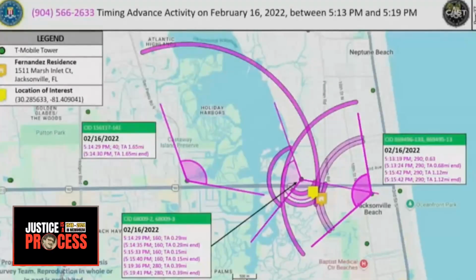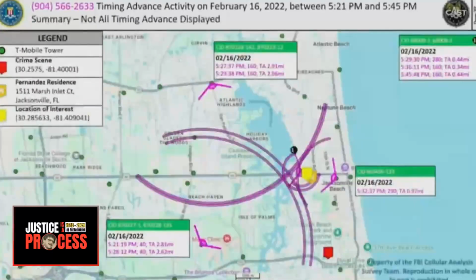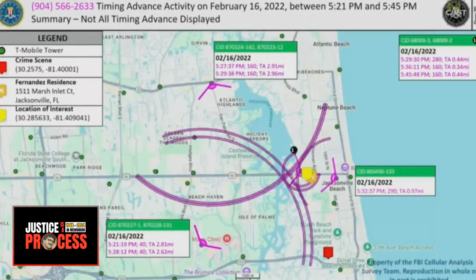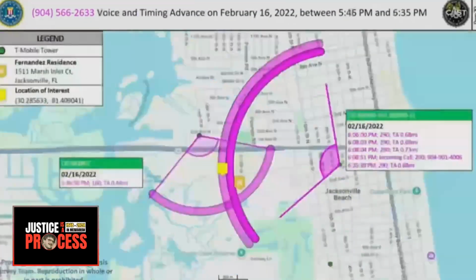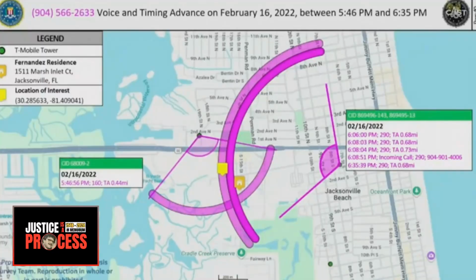We see multiple timing advance recordations in the span of 6 minutes for this phone. Between 5:21 and 5:45, you didn't even map all of them because of the number of timing advance recordations. Then we see here multiple intersecting bands on page 39. And we see 6:06, 6:08, 6:08, 6:08, 6:35. Correct.